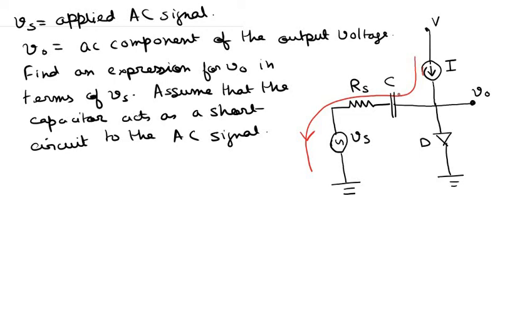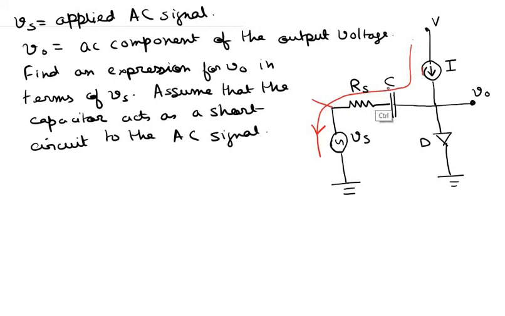Capacitor only would allow AC current to pass through it. So this current source I cannot inject current through this capacitor in the steady state. So this path of DC current flow is basically blocked.